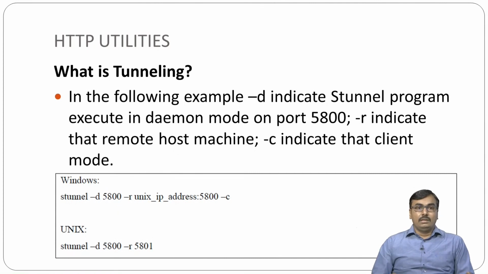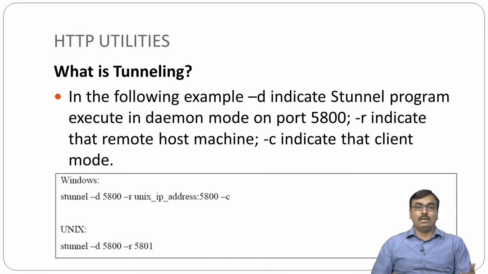In the following example, -D indicates the S-tunnel program executes in daemon mode on port 5800, -R indicates the remote host machine, and -C indicates client mode. So Windows will execute S-tunnel -D 5800, that is the port, -R for the remote machine, the Unix IP address on port number 5800, and -C.